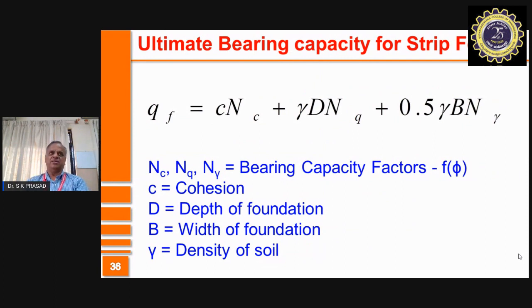Well, friends, just recapitulating what we studied in the last lecture, the most important thing from the point of view of design of foundations is to arrive at the ultimate bearing capacity of soil. I showed you a number of failures, and these failures are purely because of lack of proper understanding of the soil.